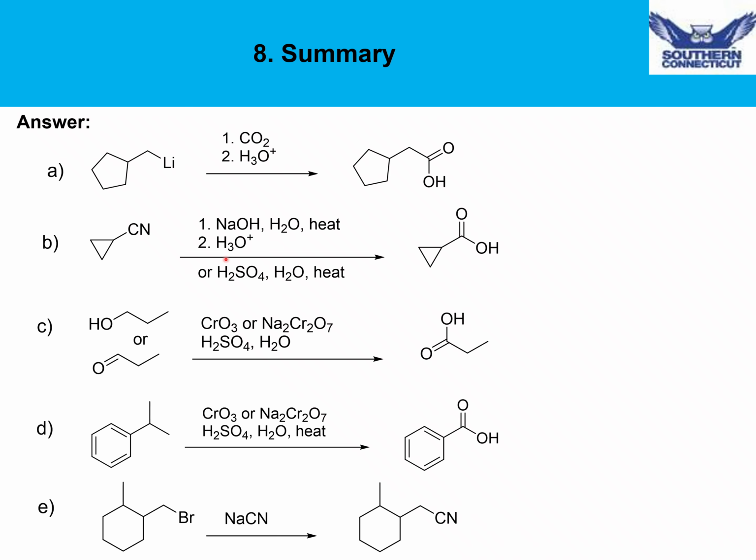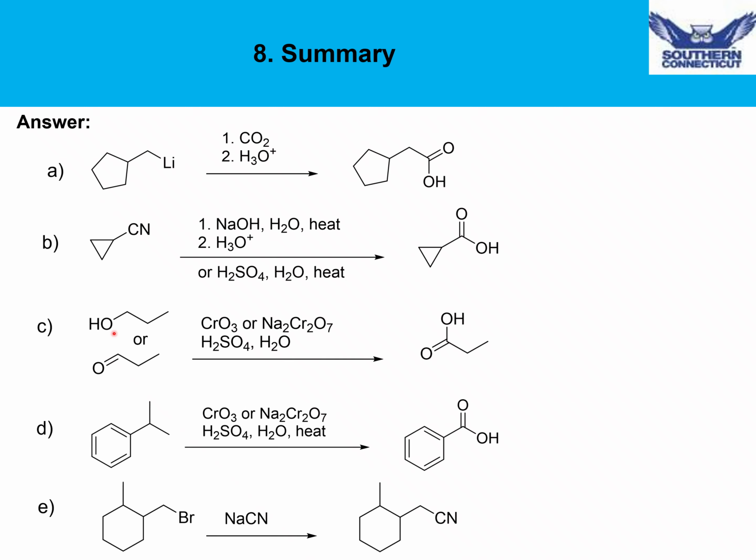Note that whenever we do reactions that produce a carboxylic acid under basic conditions, and we saw that with the first reaction on top and at least the first part of this reaction, we always first obtain the conjugate base of a carboxylic acid, so we have to use a second step in both reactions to convert it to a carboxylic acid. Doing it under acidic conditions skips that step, and so we simply go from the reactant to the carboxylic acid.